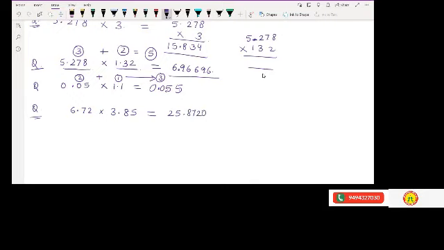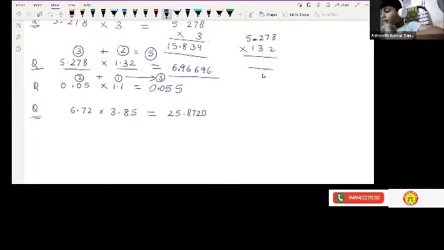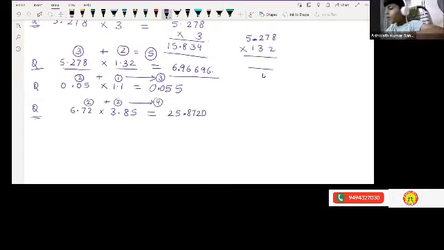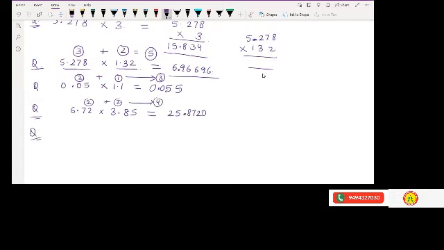So, how did you choose where to put the decimal point? Here you can see it's after 2 places from the right side. Here also it's after 2 places from the right side. So, 2 plus 2 will be 4. So, in your answer, you will get your decimal point after 4 places from the right side. Okay?